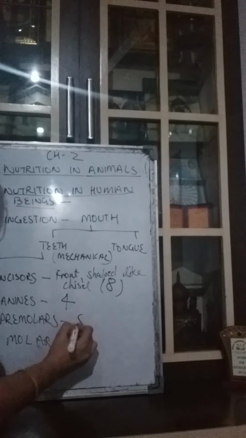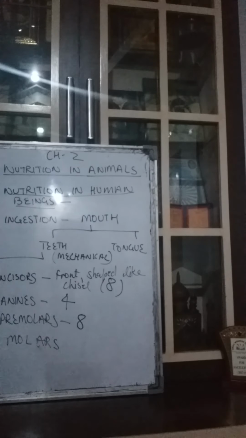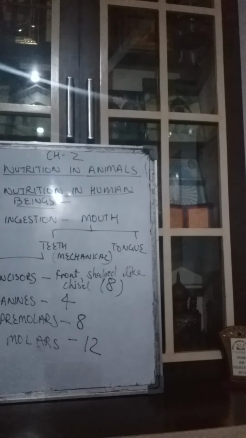Premolars are broad, flat teeth which are used for crushing the food particles, and there are a total of 8 premolars. And then we come to molars. Molars are found at the back of the jaw and they have a broad and flat surface with very strong roots. They help in grinding and chewing the food particles, and there are a total of 12 molars. Okay, is that clear?